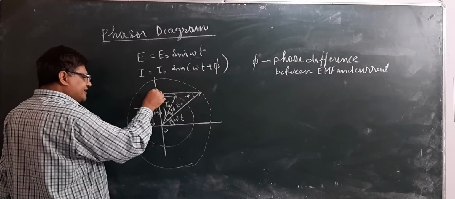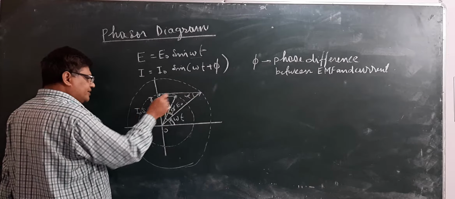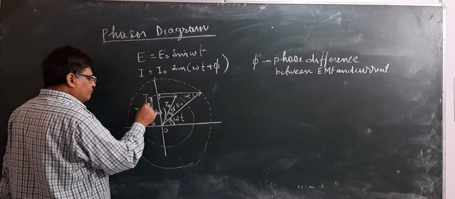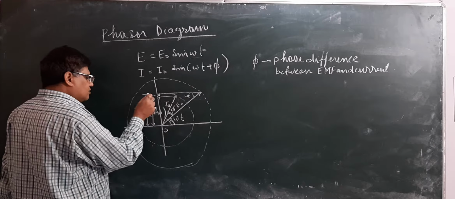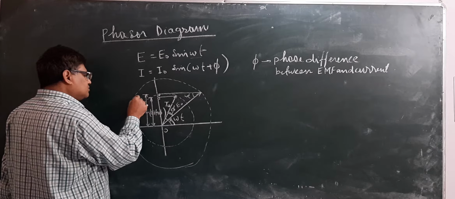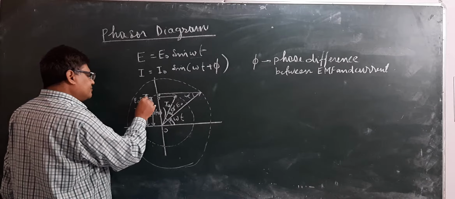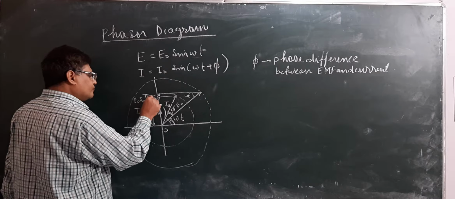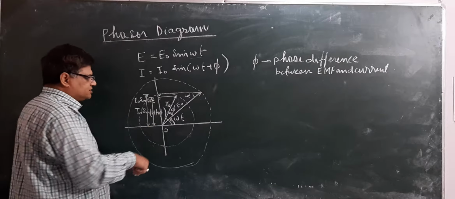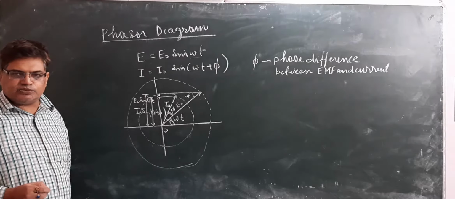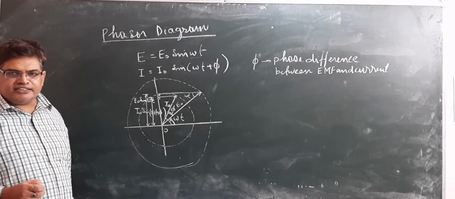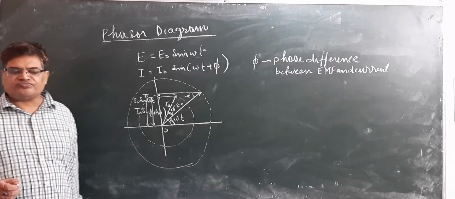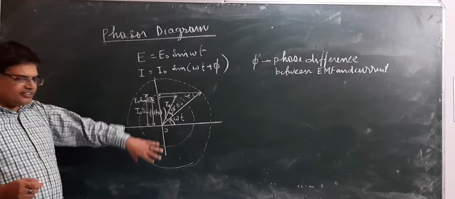So length of the side opposite to the angle omega t will be E naught sine omega t. So these projections represent the instantaneous value of the EMF and the current. So this is a phasor diagram.